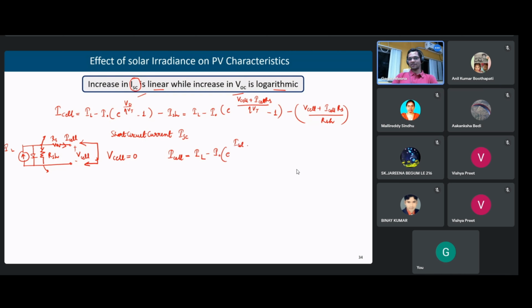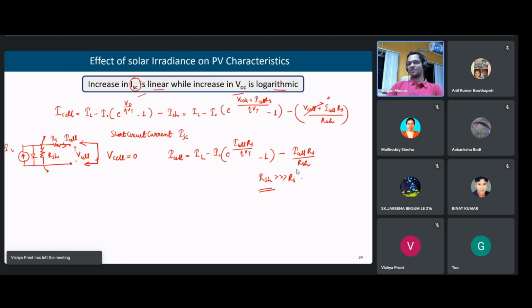Now this voltage is 0, so it is I cell RS upon eta VT, minus 1, minus V cell plus I cell RS upon RSH. This RSH is very big as compared to RS, in kilo ohms, so we can neglect this term. This is 0, and this is also very small because RS is very small.